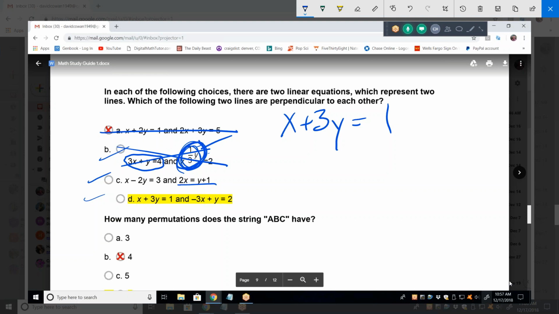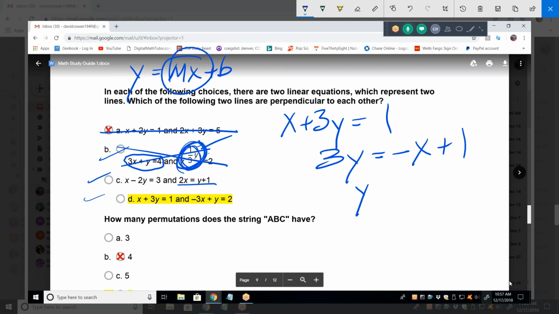Solve it for y. Always try to be putting it into this format. Right. So we're going to have to subtract x and divide by 3. This time I'm going to put the x first because that's where it goes, is first. Plus 1. And then divide by 3.